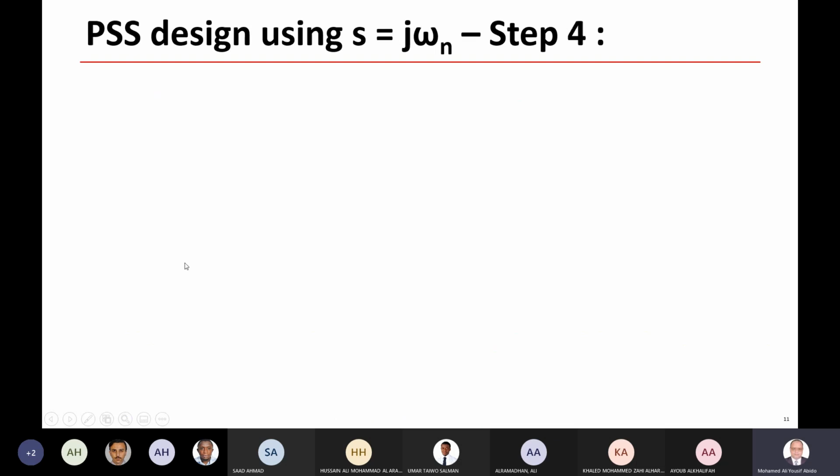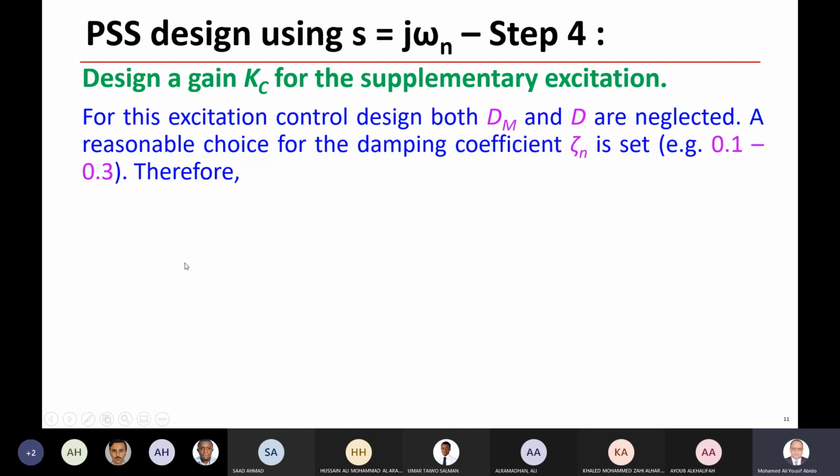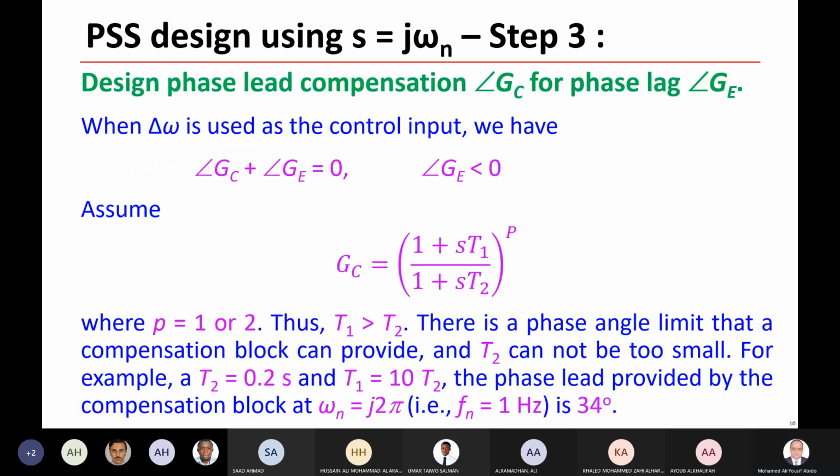So assume, for simplicity, that B equals 1.